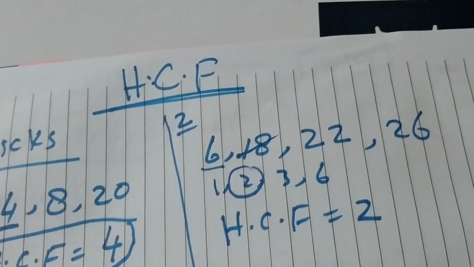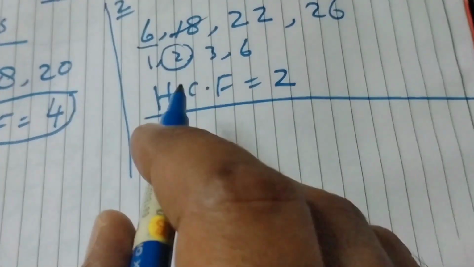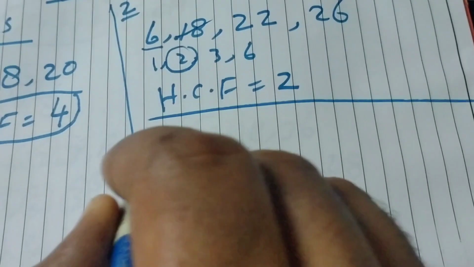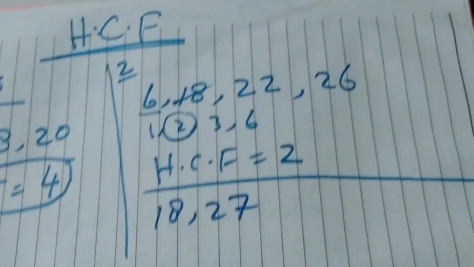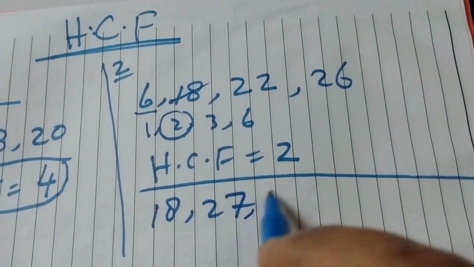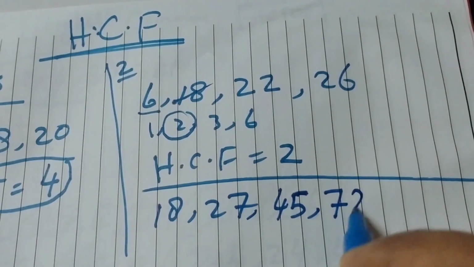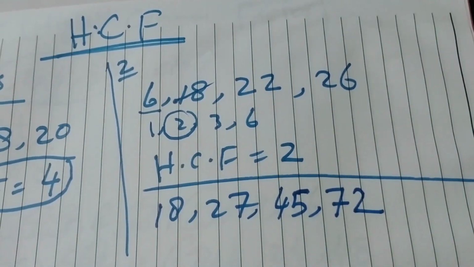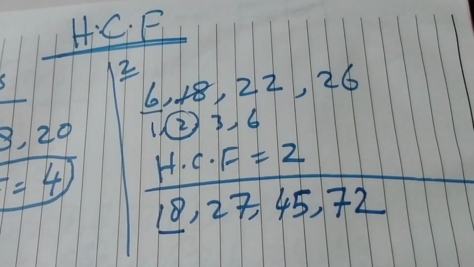Clear, my dear? So try to learn with one more example. There are the numbers 18, 27, 45 and 72. So these are the numbers. So what is the technique? We will see the smallest number.